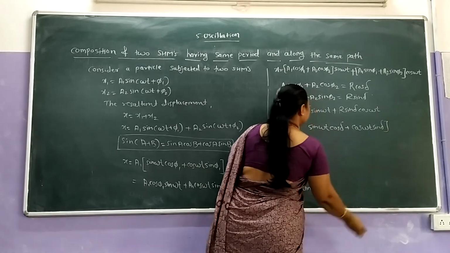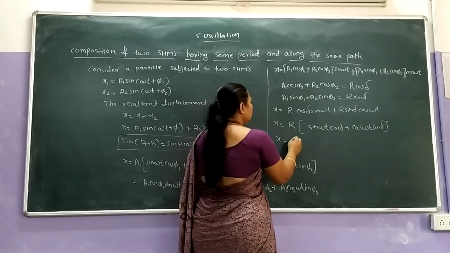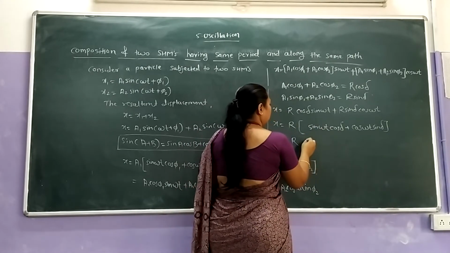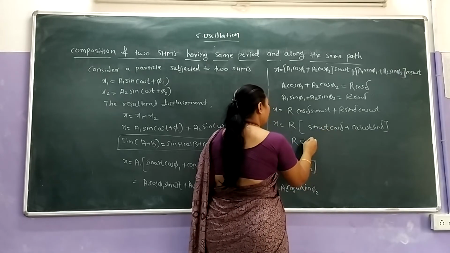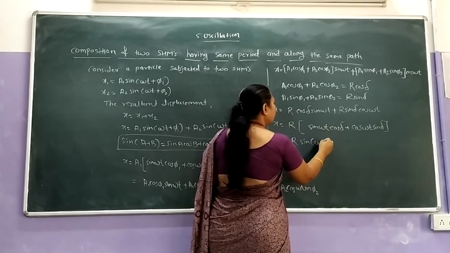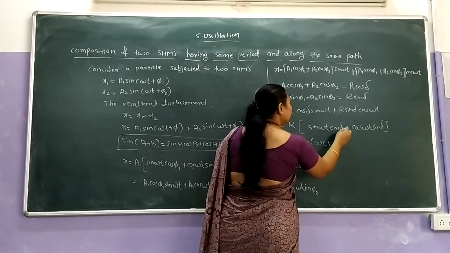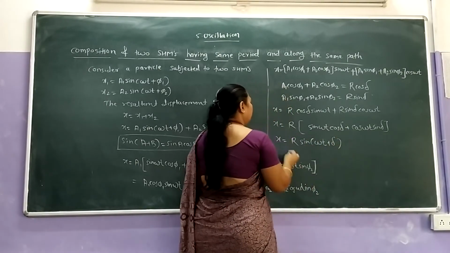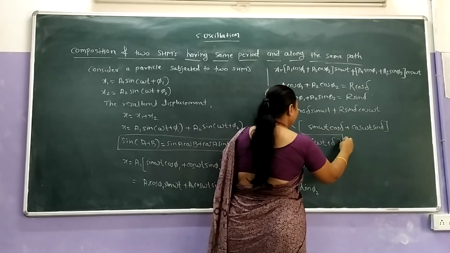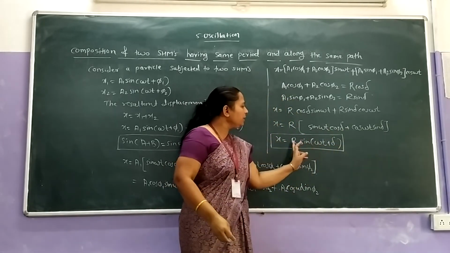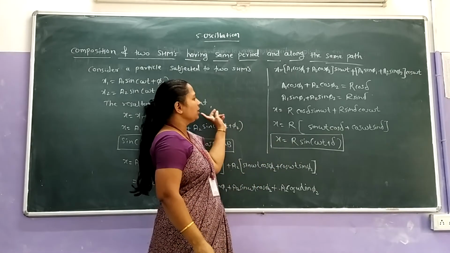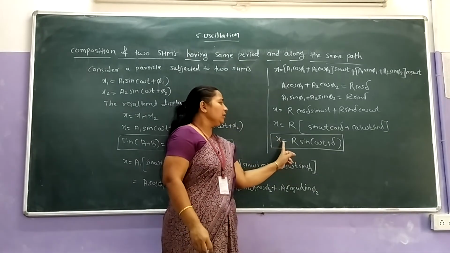Arranging the terms, we get x is equal to R sin of a plus b, where a is omega t and b is delta.